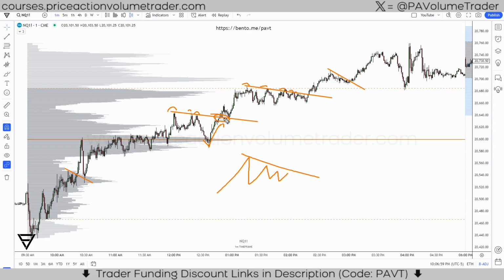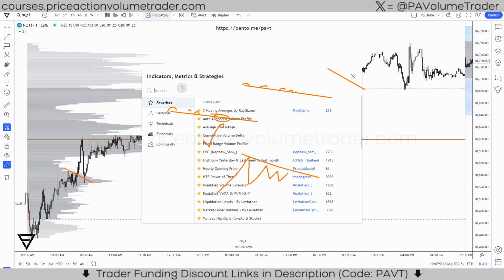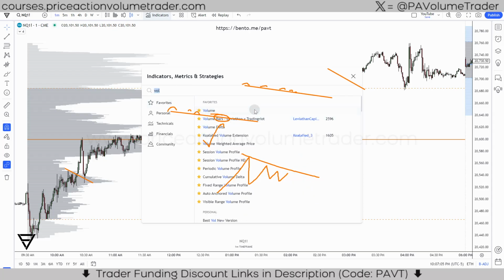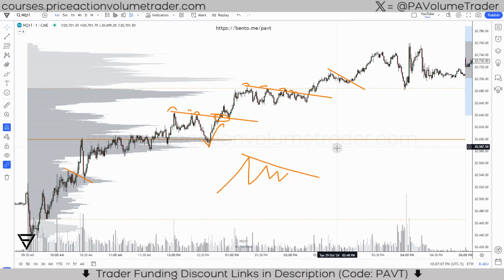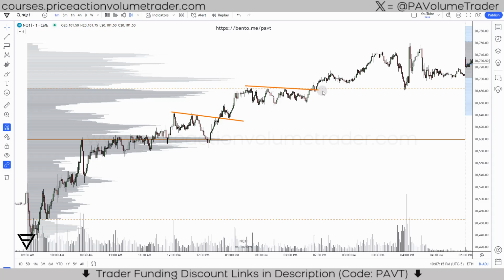So it was very likely that we would see a breakout. If we put the volume indicator, we can use this also as a guide to look for high volume breakouts.